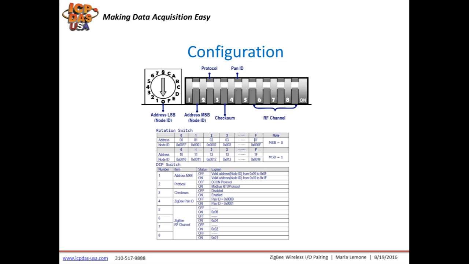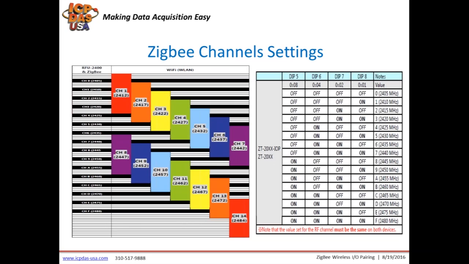Because Zigbee shares the same channel selection or frequencies as Wi-Fi and many RF devices, the ability to change RF channels to avoid interference can be a great benefit. Here's a chart showing the Zigbee channels available. Like I said earlier, many Wi-Fi and RF devices share these wireless frequency bands in the 2.4 gigahertz range.